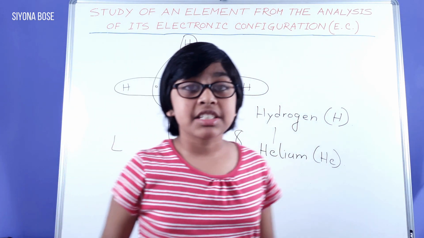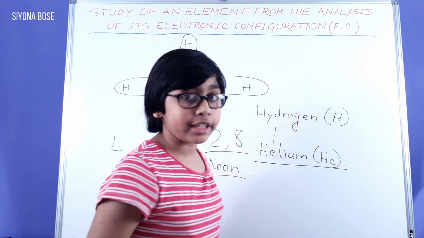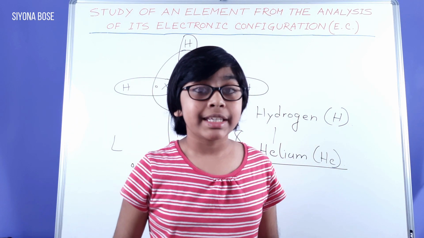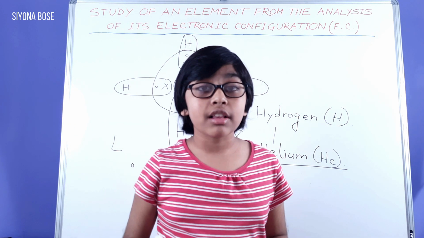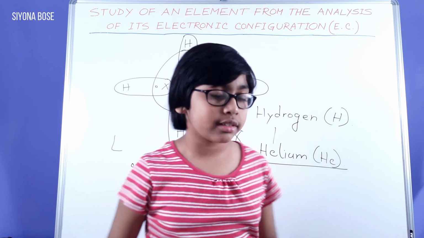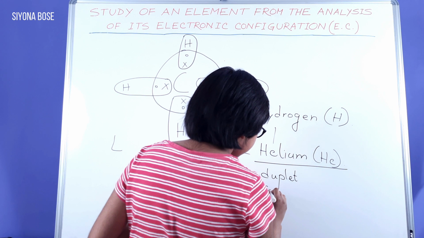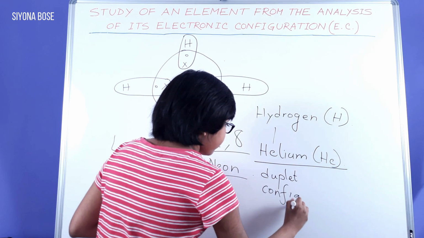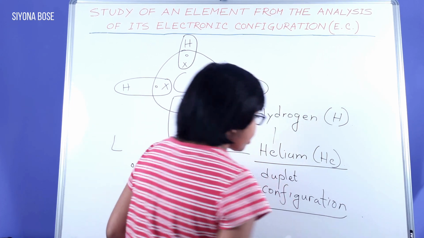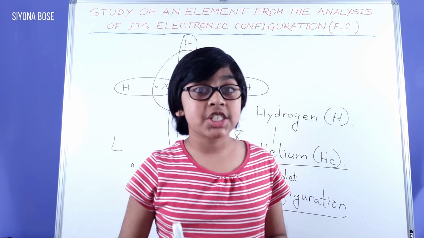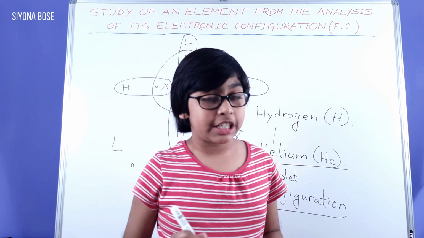Hydrogen is able to get 2 electrons, which matches the configuration of helium, which it was longing for. What hydrogen has attained over here is called the duplet configuration. When an atom of an element has 2 valence electrons, it is said to be in its duplet configuration.